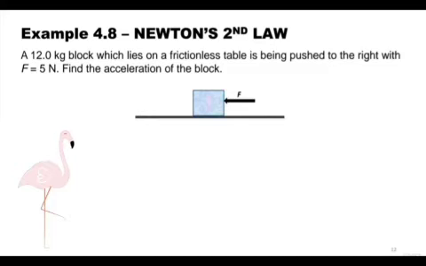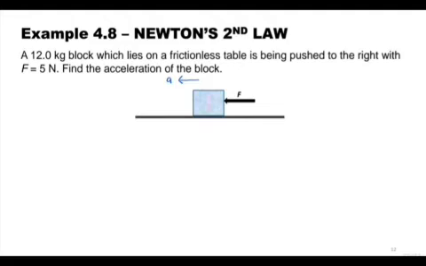Example 4.8 Newton's second law. A 12 kilogram block which lies on a frictionless table is being pushed to the right with force equal to 5 Newton. Find the acceleration of the block. Since the block is being pushed to the right, therefore the block will accelerate to the right.